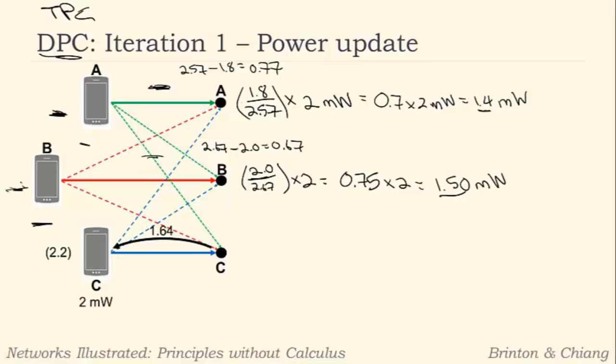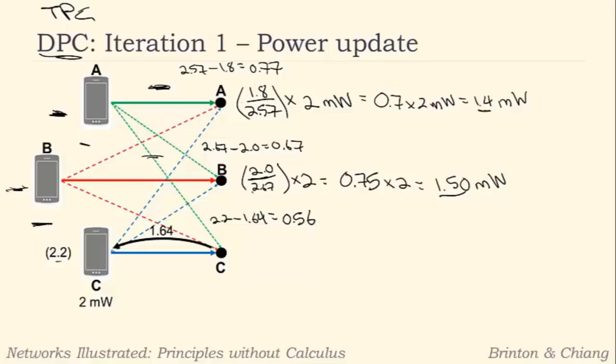Now we'll move on to C, and C is going to feed back this 1.64 and look at it relative to the 2.2. So now we're in the exact opposite situation to what we were before. Now the SIR is too low, so the power level needs to go up. And it's too low by 2.2 minus 1.64, which is 0.56.